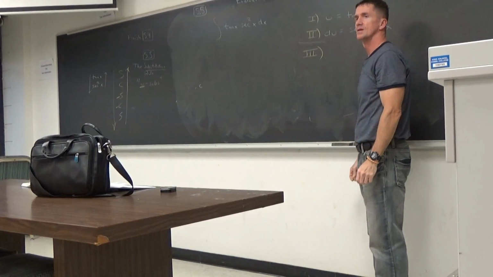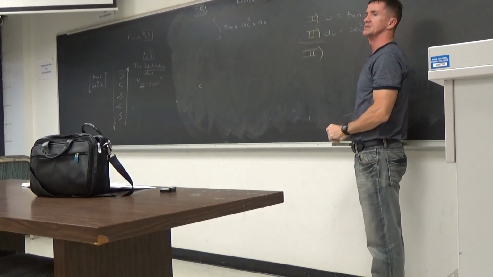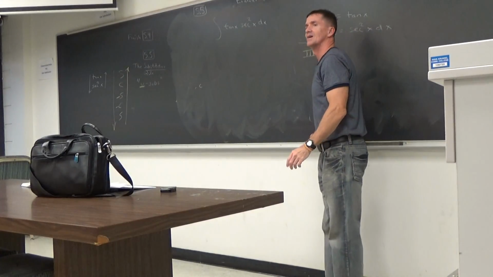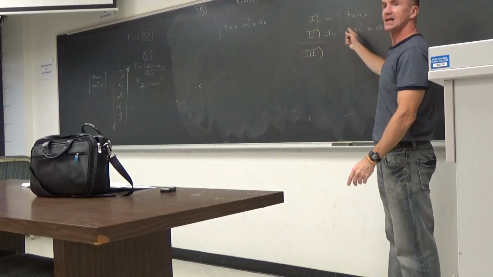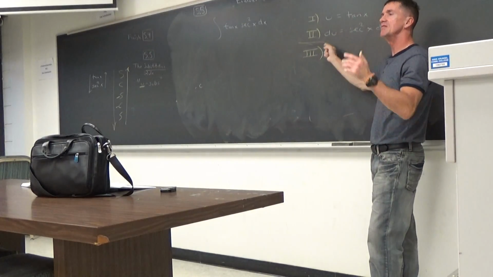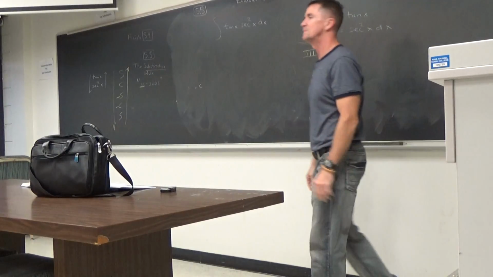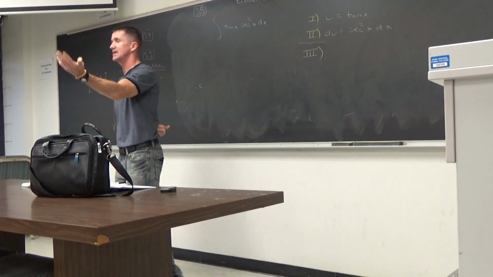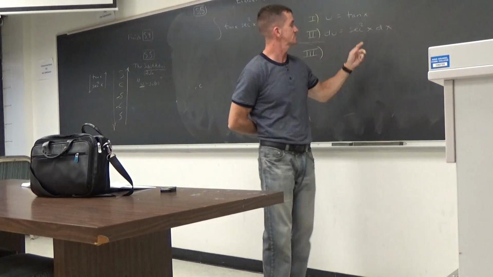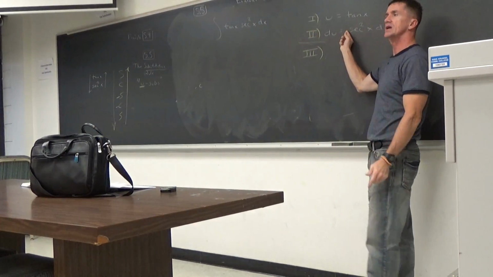Now, this is the first time this is happening, and you asked about this earlier. I don't see a constant. It's a 1. So do I really have to go to step 3? No. This is the first time that's happened today, but I don't have to go to step 3 because there's no 2 in front, or 3, or 5.